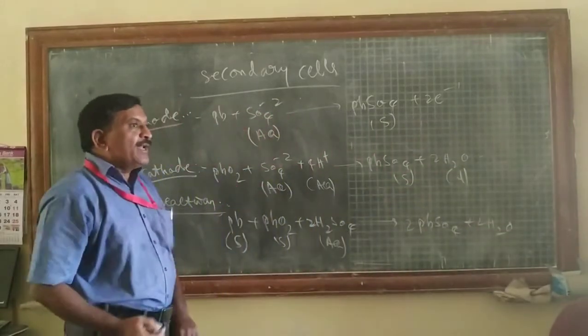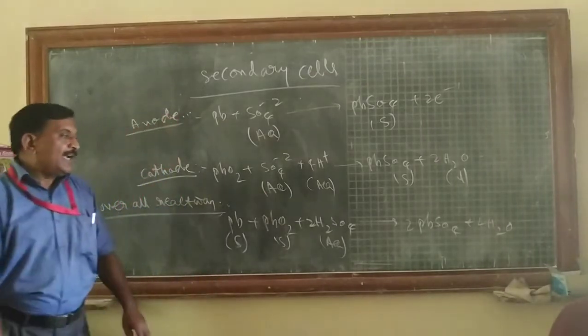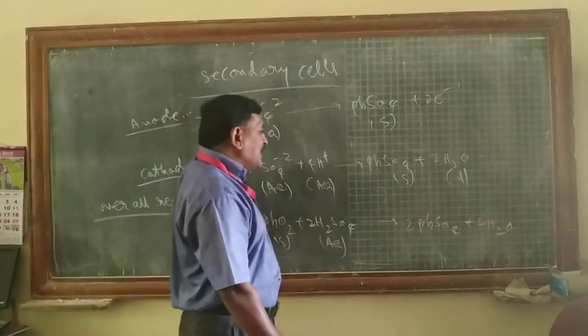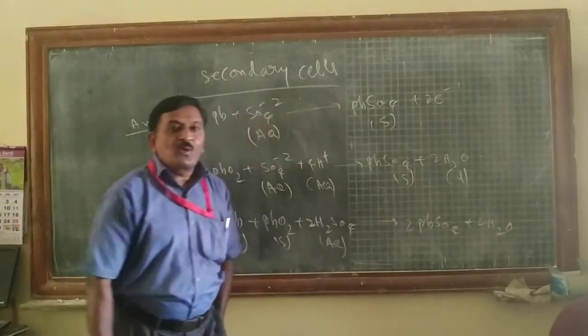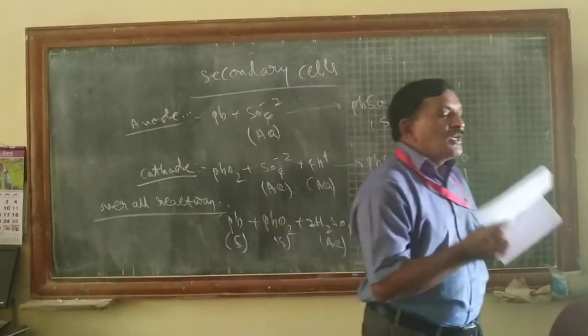So for both the anode and the cathode, the overall reaction is the lead metal reacting with the lead oxide plus 2H2SO4, the aqueous sulfuric acid, to give lead sulfate plus 2H2O. This lead sulfate will be used for the production of power.